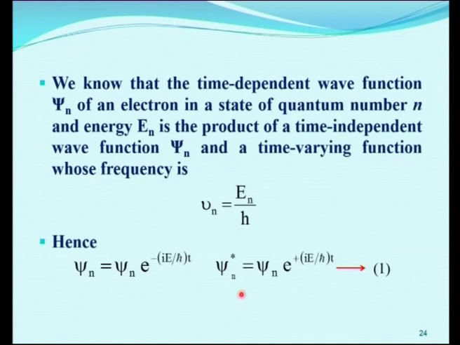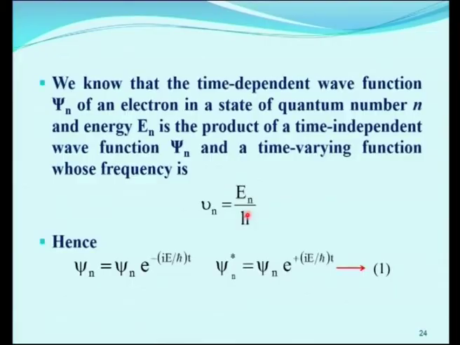We know that the time-dependent wave function psi n of an electron in a state of quantum number n and energy level En is the product of the time-independent wave function psi n and a time-varying factor with frequency nu n. So, nu n is equal to En by h. We are familiar with E equals h nu, Planck's equation.